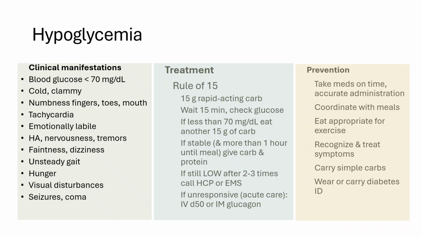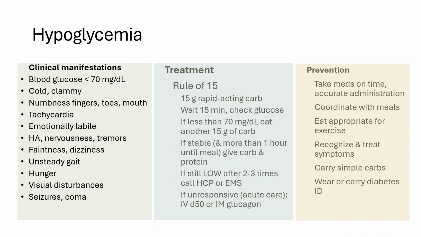So remember the manifestations: blood glucose less than 70, cold, clammy skin, numbness, fingers, toes, and mouth, tachycardia, emotional changes, headache, nervousness, tremors, faintness and dizziness, unsteady gait, slurred speech, hunger, vision changes, and of course the seizures or coma.